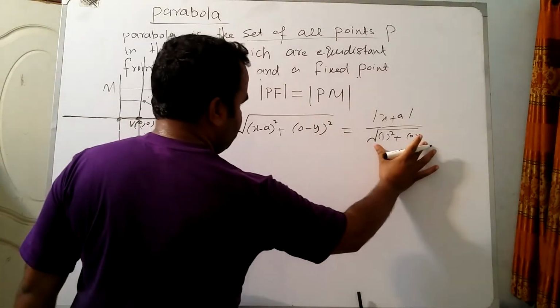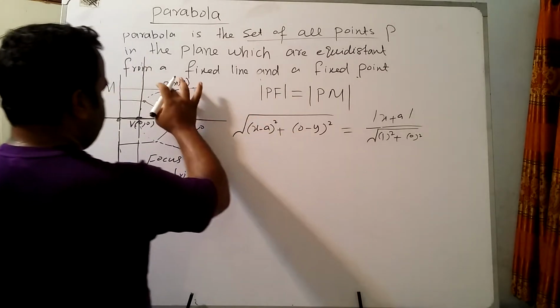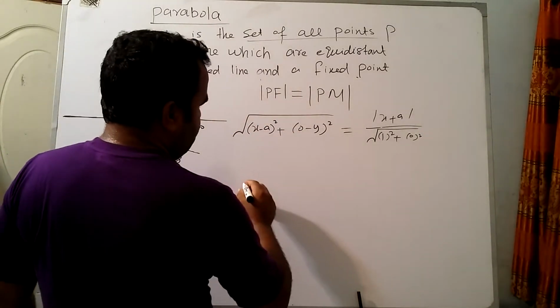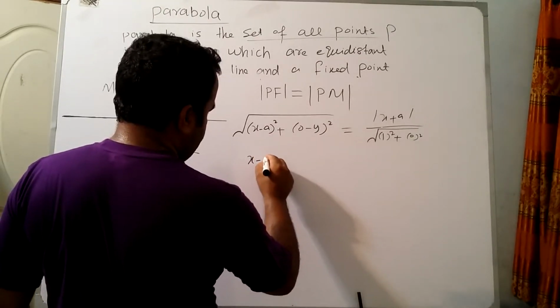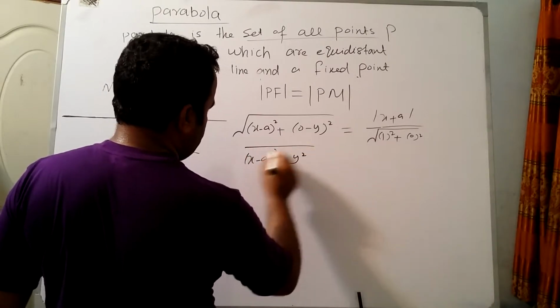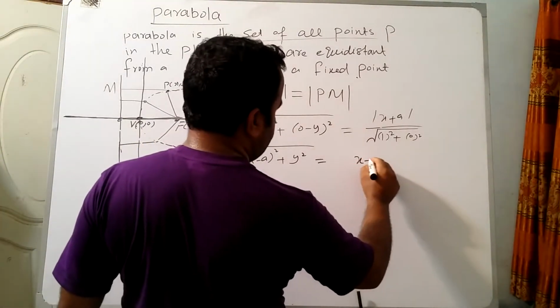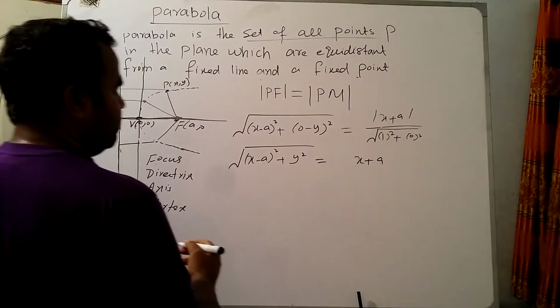So it is the square root of (x minus a) squared plus y squared, equal to x plus a. No need to write 1 squared in the denominator.